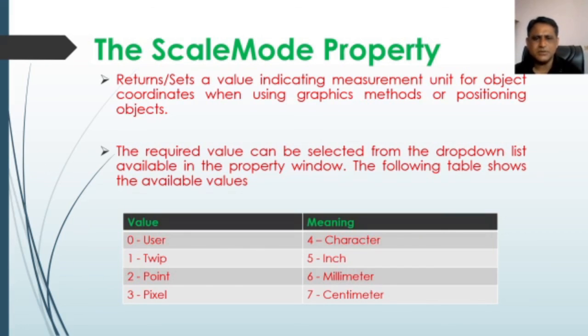The unit you have mentioned in this property will be used to measure all the properties mentioned earlier. The required value can be selected from the drop-down list available in the property, and the available options are 0 user, 1 twip, 2 point, 3 pixel, 4 character, 5 inch, 6 millimeter and 7 centimeter. These are the options available for this property.